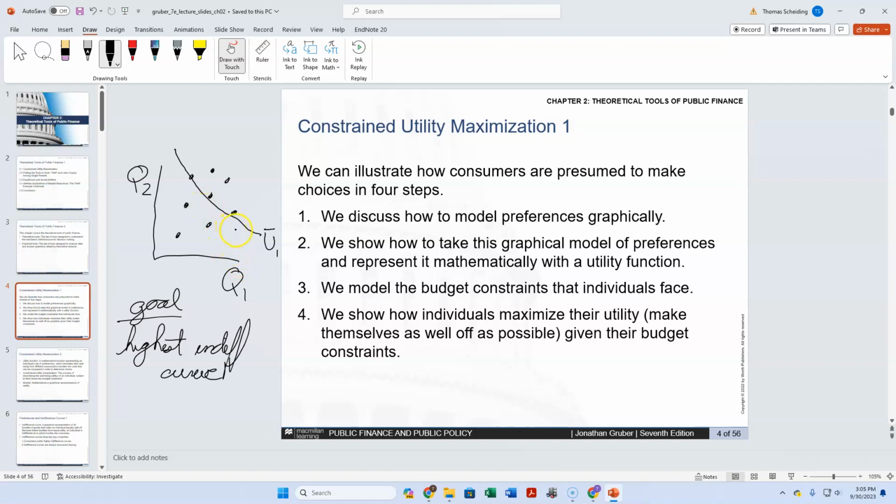What constrains the individual is their level of income. And so what we do is we end up finding an indifference curve that is furthest from the origin, but is still affordable. So then the goal is the highest indifference curve subject to the budget constraint.